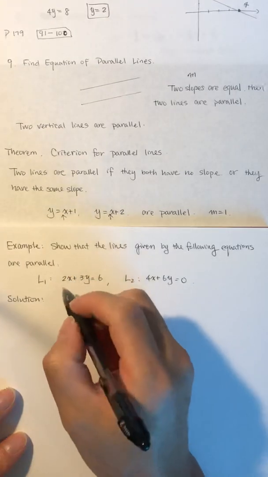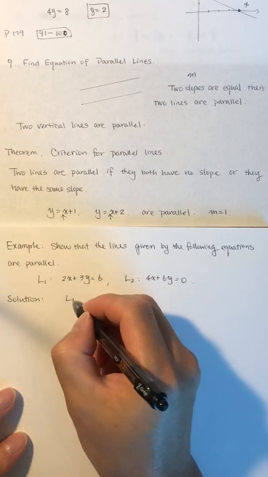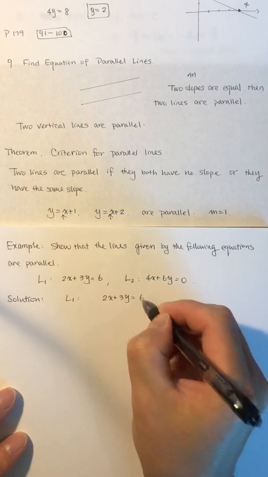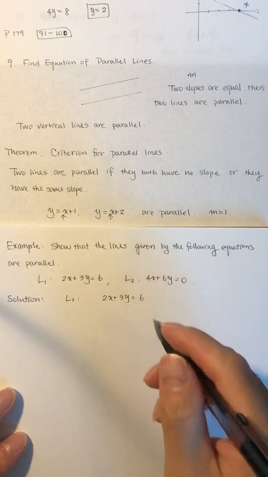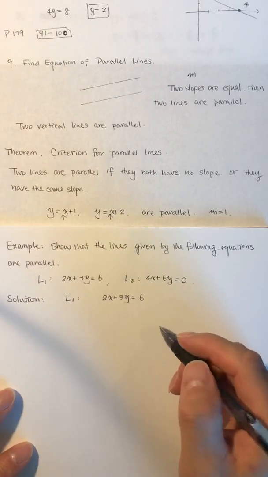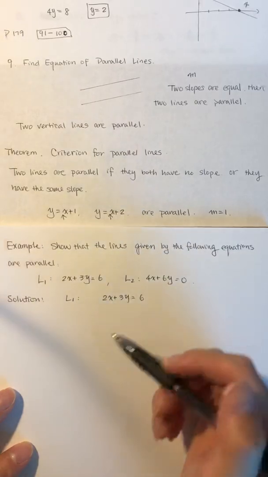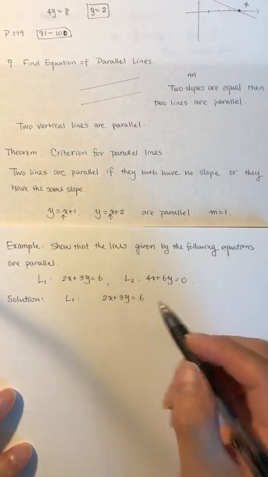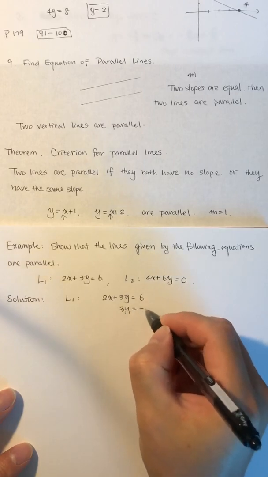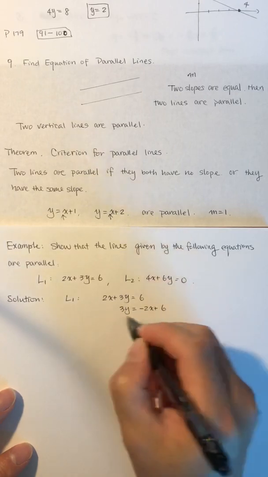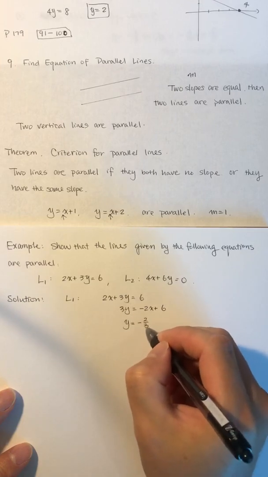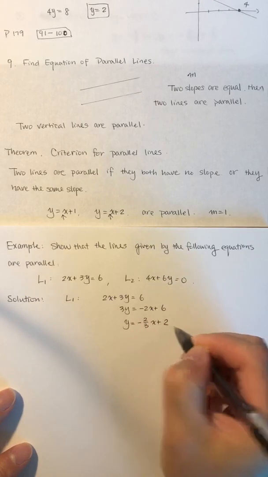Okay, so let's check. For L1, 2x plus 3y is equal to 6. We're going to write this in the slope-intercept form, because in the slope-intercept form, we can directly read off the slope. We move 2x to the right side, negative 2x plus 6, and divide the equation by 3, we get y is equal to negative 2/3 x plus 2.